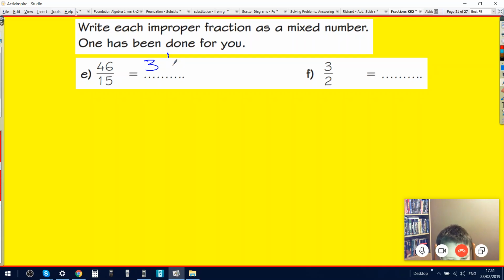And now we need to do 46. Wait. No. I think it's 3 and 1/15.